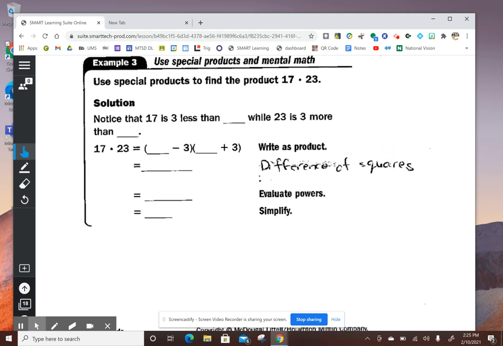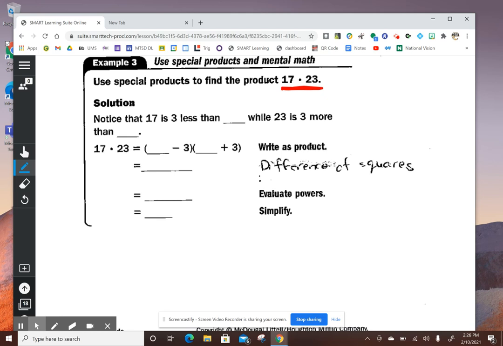So now this says you can use these special products to find this product, okay? This is a good exercise, but not very practical. So if you wanted to mentally multiply 17 times 23, just see if you can do it in your head instantly. Most people can't. Maybe some of you can. But I do notice that 17 is 3 away from 20 and 23 is 3 away from 20.